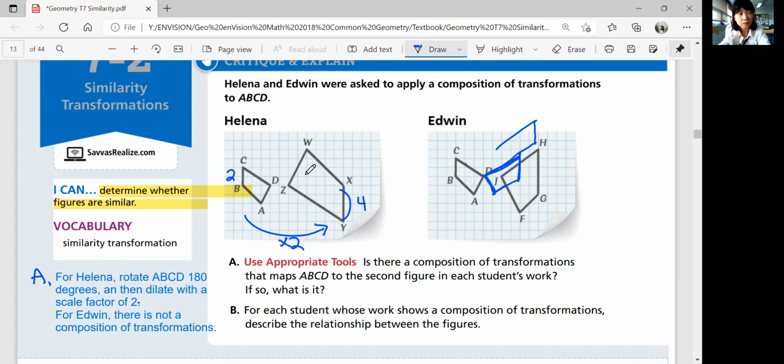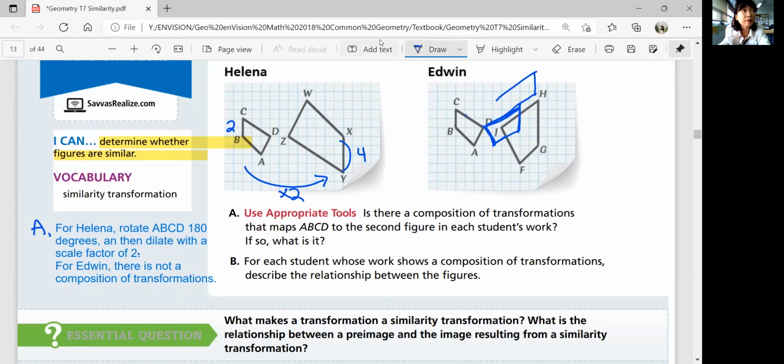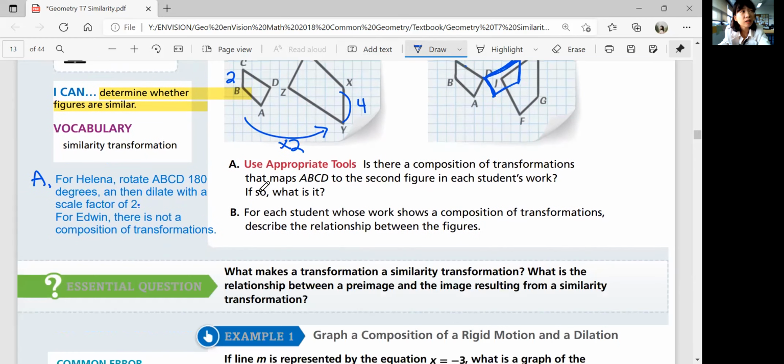The figure itself is not congruent, but the angles are congruent. What about the sides? The sides are proportional, right? So what do we say? What kind of relationship can we say? That's when we say it's similar.